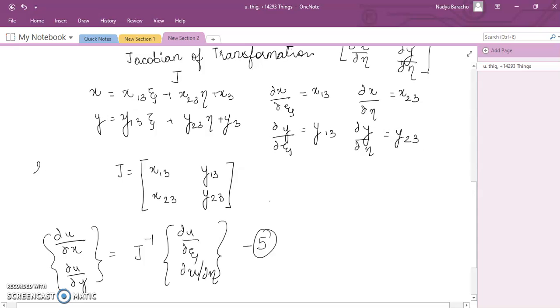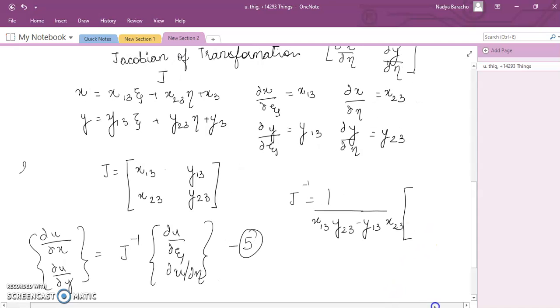If I want to find the inverse of the J matrix, it will be 1 upon determinant of J, which is x13 into y23 minus y13 into x23, and the transpose of the cofactor matrix.